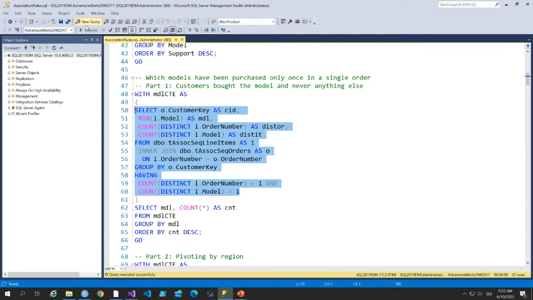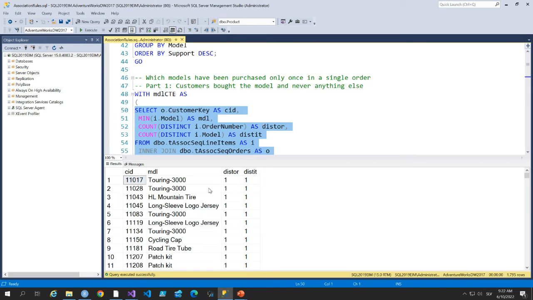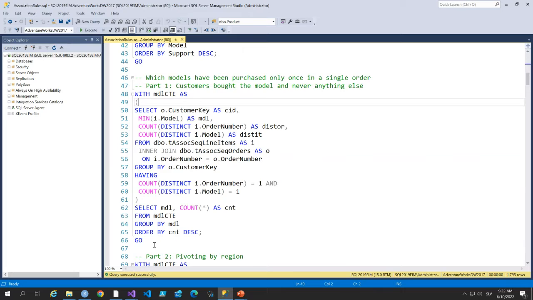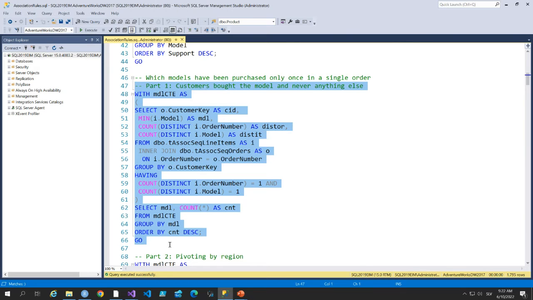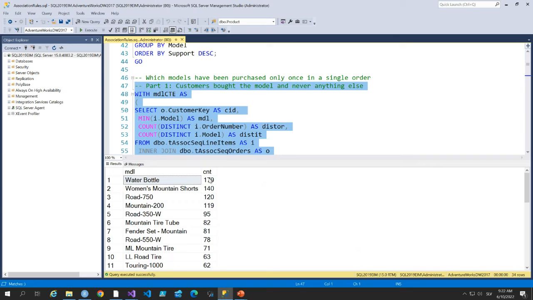So these are customers that have one purchase with a single group by customer ID, so one model in a single order with a single item. And now I can count this over models in an outer query, order by count descending, and I see maybe the most negative product is water bottle. Now, if you remember, this was also the second most sold product.